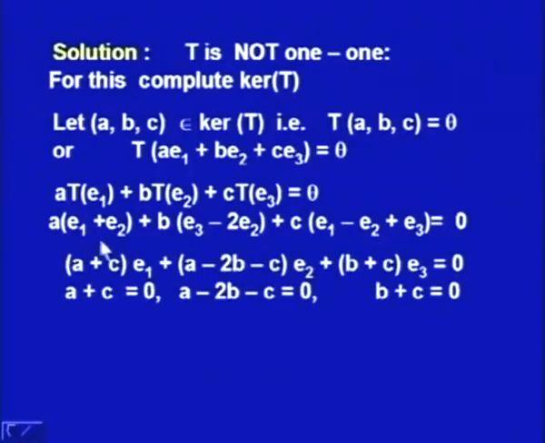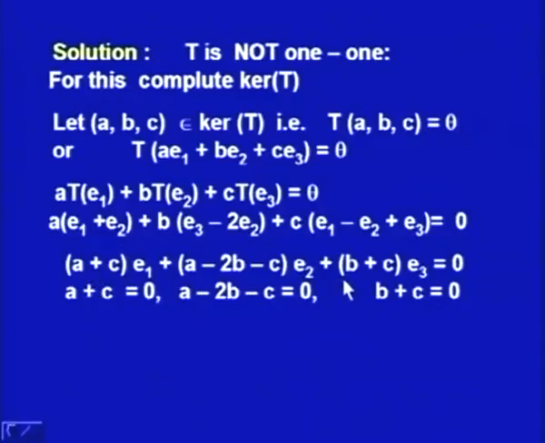Then we collect different terms, E1 first. It is A from here, no contribution from this, and here we have C. So we will have (A plus C) times E1 plus the next is E2. A is coming from the first term, so (A minus 2B minus C) times E2 plus (B plus C), no contribution from this.